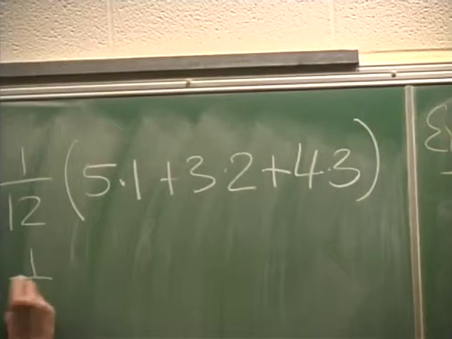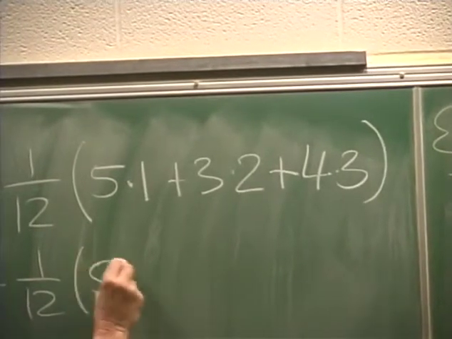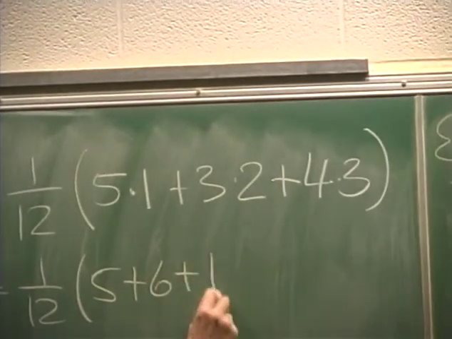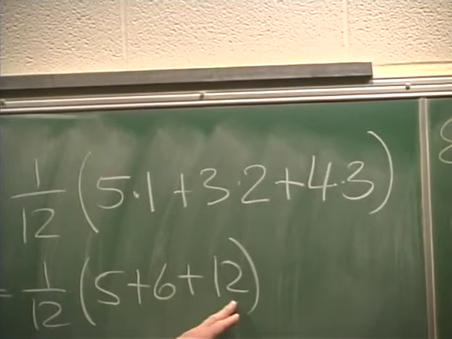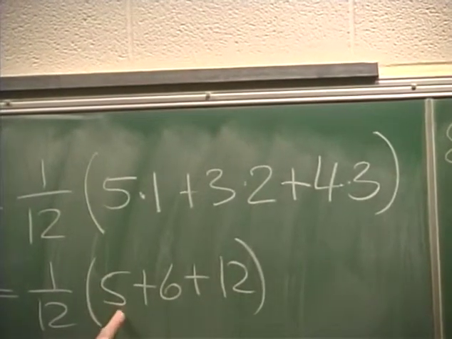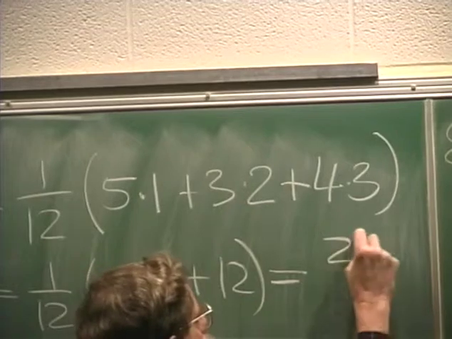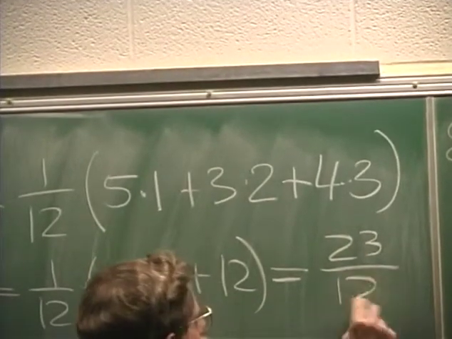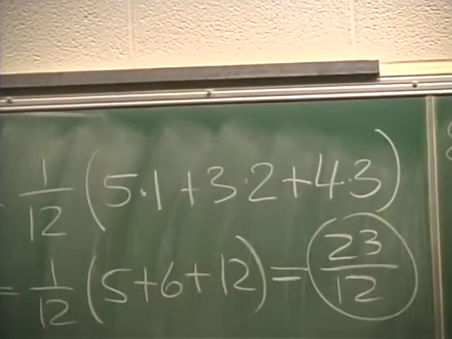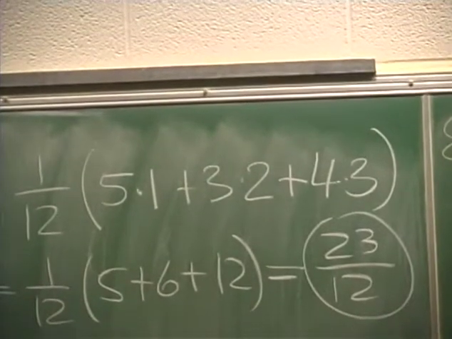Total, 1/12 of 5 plus 6 plus 12. 12 and 6 is 18, and 5 is 23. So 23 over 12. That's the x position of the center of mass.